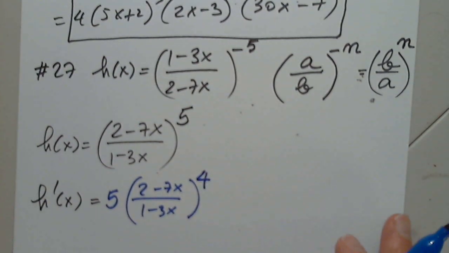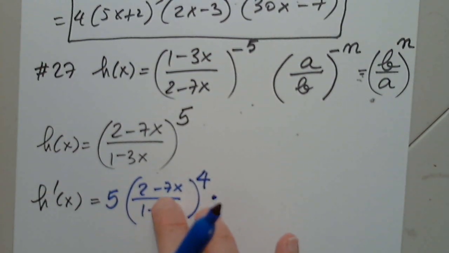Excellent, brilliant, good, times the inner function prime. How do I differentiate this? What is it? And what rule do I have to apply? If I know what it is, I know what rule to apply. What is it? The quotient rule. Excellent.